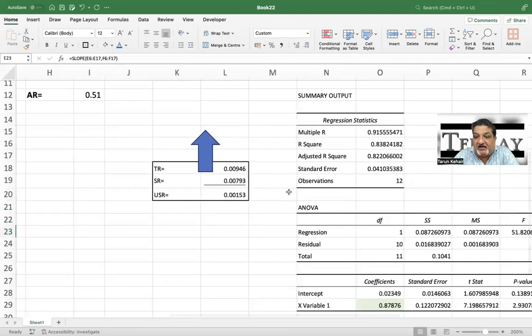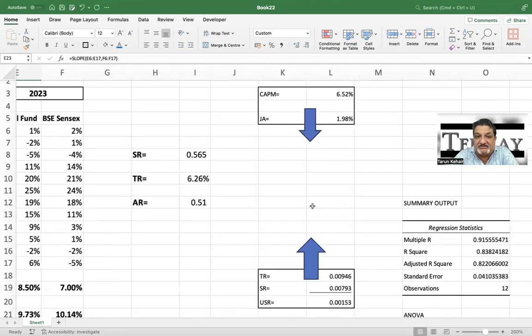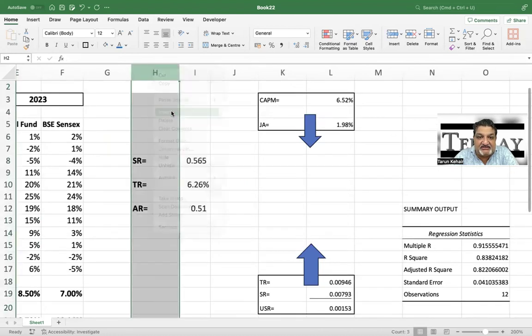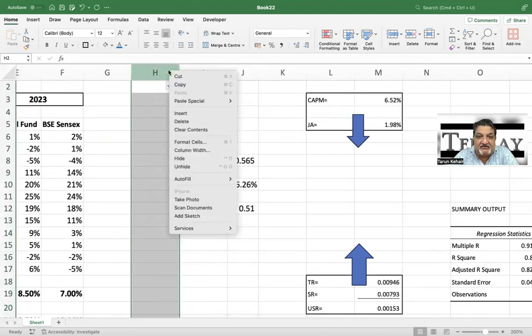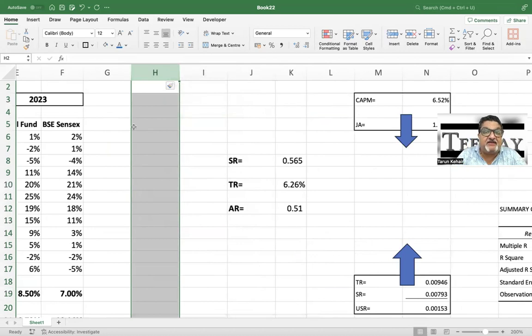इसके अलावा हमें ये देखना है कि how can we also find out the systematic and unsystematic risk separately. उसके लिए मैं एक छोटी सी एनालिसिस करूंगा, प्लीज ध्यान दें, बहुत ही जरूरी है. I don't know if you would have learned this or you would have seen something like this ever before. सबसे पहले हम क्या करेंगे?